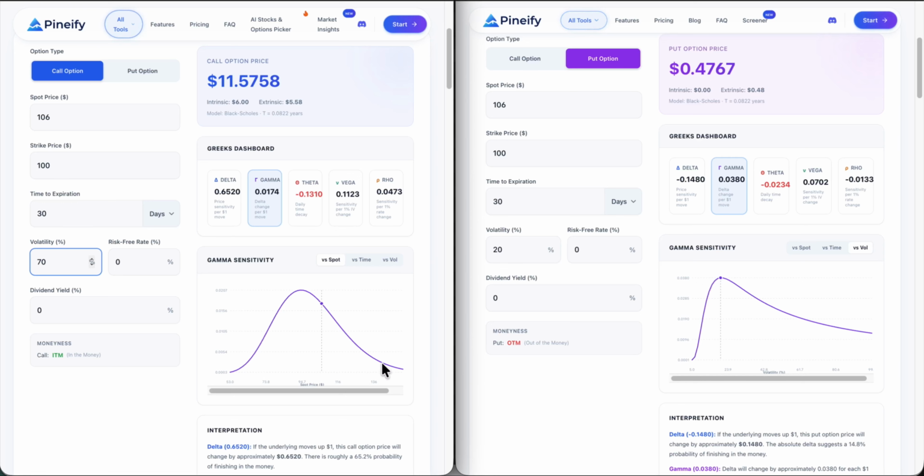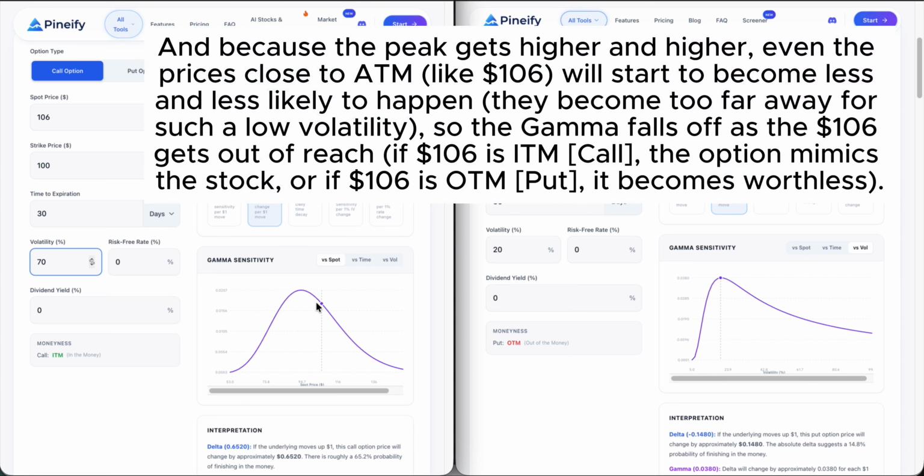This is one of the forces in play here as we remove volatility, but at the same time the distribution of possible results becomes peakier. This peak becomes ever and ever higher, and because of that we are at this point in the distribution. As we remove volatility, we are going towards the middle or the peak of the distribution, and that's why the gamma goes up.